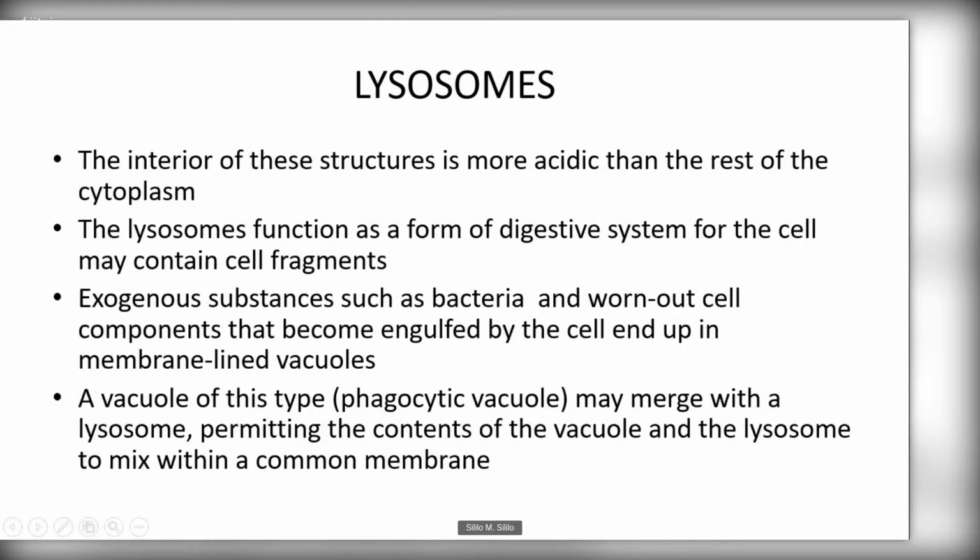Important as well is bacteria. Sometimes certain bacteria are digested by these lysosomes, although it is very rare because lysosomes are not part of your immune system. However, there is evidence that you have more lysosomes in cells of the immune system, which shows there's a correlation.